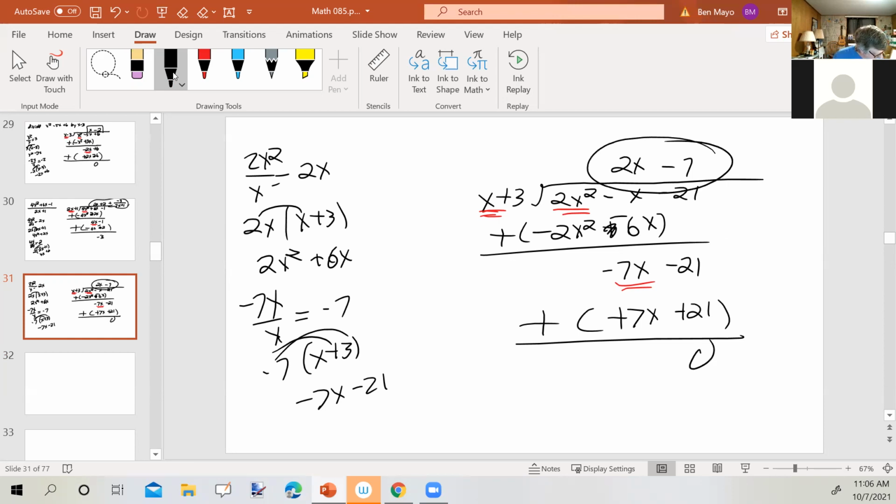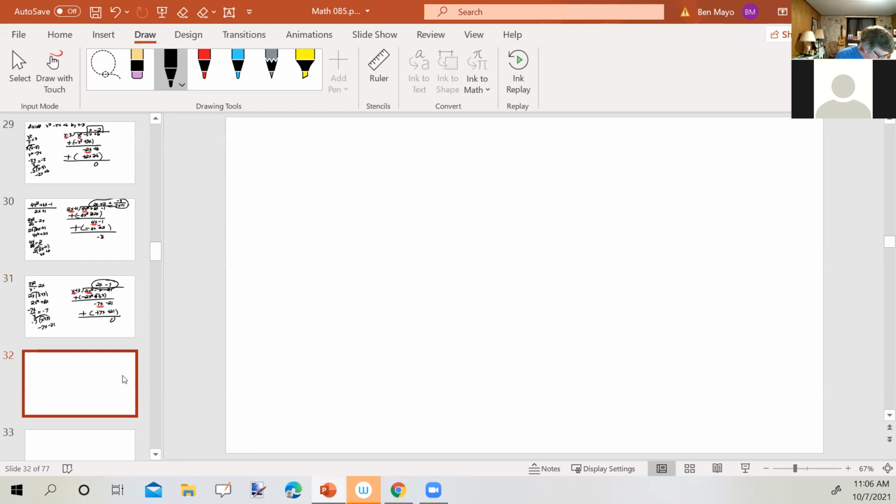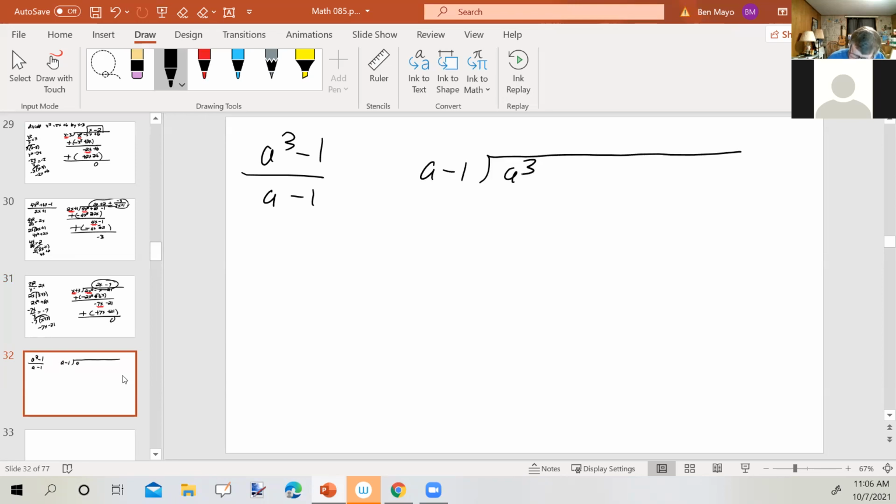Okay. And then finally, let's say we've got this. Okay. So outside, we're going to have a minus 1. Inside, we need to fill in the missing powers of the variable in this polynomial.